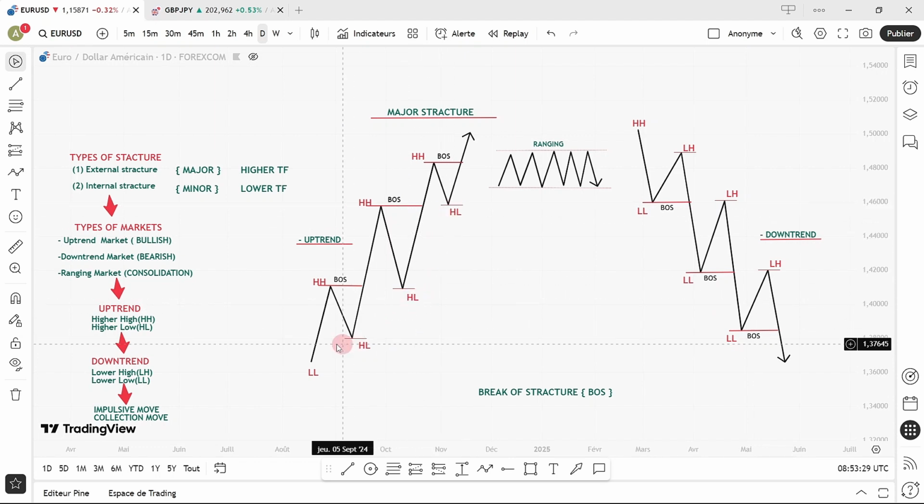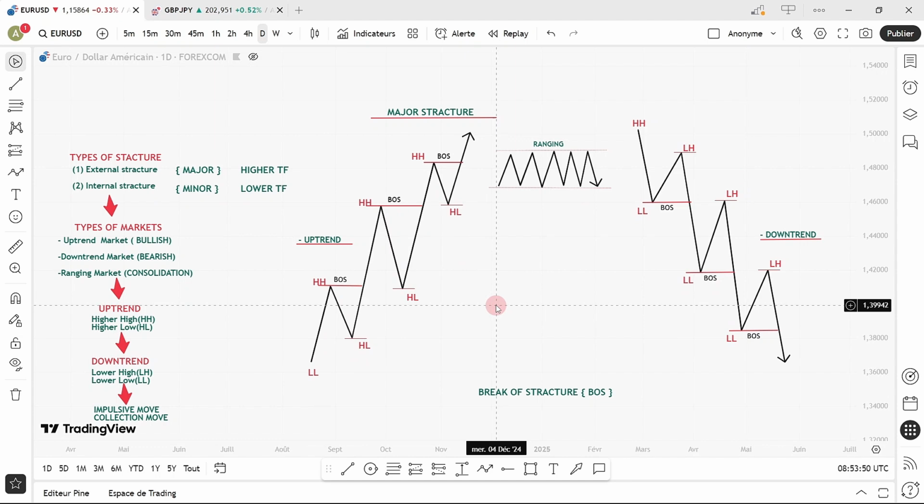You can notice, even with the higher highs it is the same story. This high is higher than this one, that's why this one is called a higher high, and this one is a higher high, just like that. So the market goes from a higher high to a higher low, a higher high to a higher low, higher high to higher low. So an uptrend consists of a series of higher highs and higher lows.